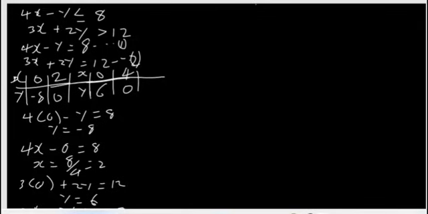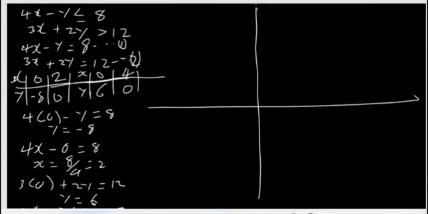So the next thing you do is to plot this. Here is x, here is y. I look at this table, my biggest value here is -8. So I'm supposed to have -8.